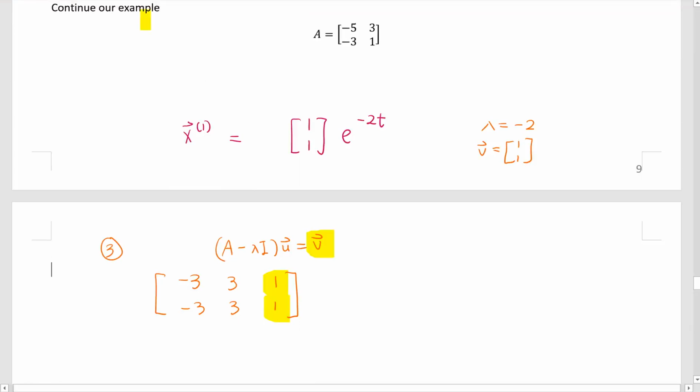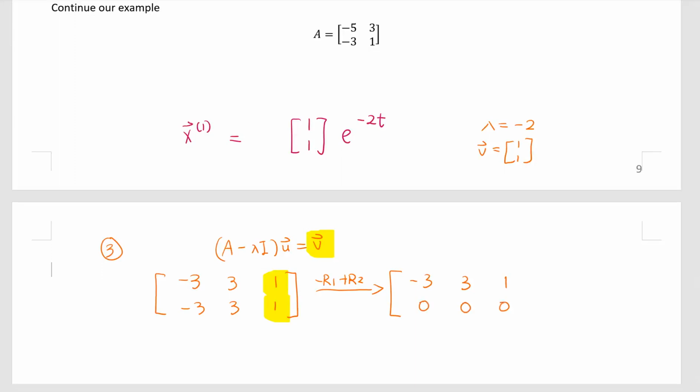Let's continue. Can you see the first row is the same as the second row? Let's use negative row 1 added to row 2. So -3, 3, 1, 0, 0, 0.